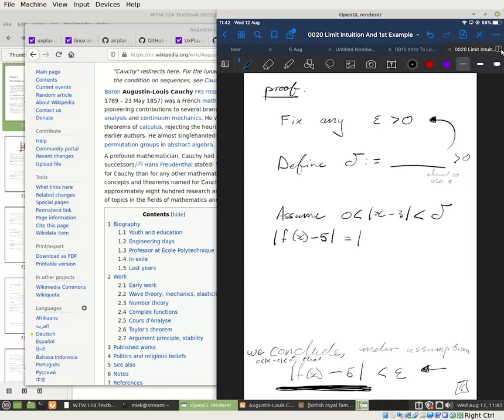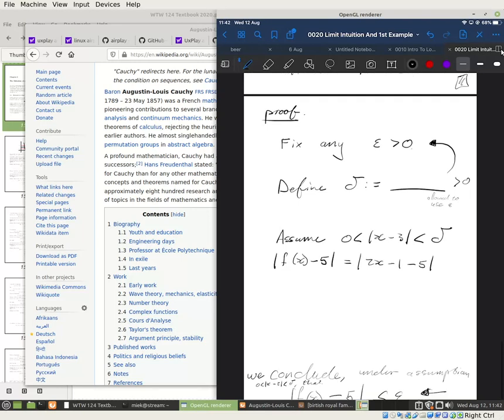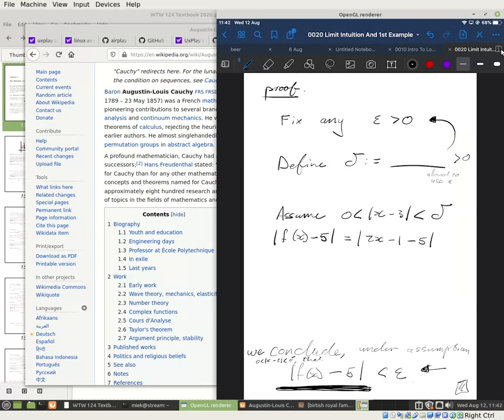Let's just substitute in what f is, 2x minus 1 minus 5. So that is how f is defined, 2x minus 1. Good. Okay, let's simplify a little bit. This becomes 2x minus 6. Let's factor out a 2. This is 2 times x minus 3.